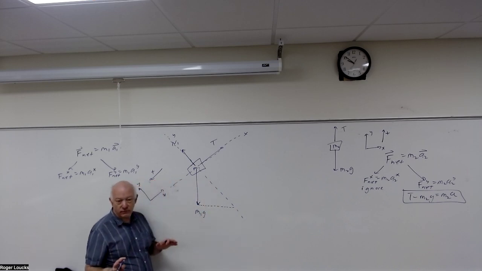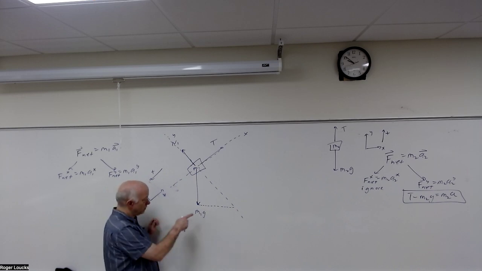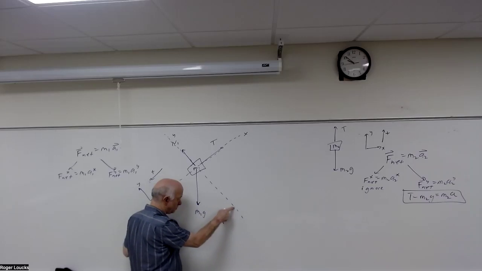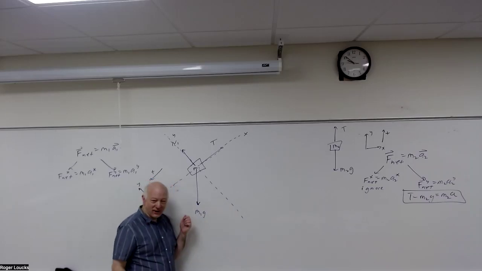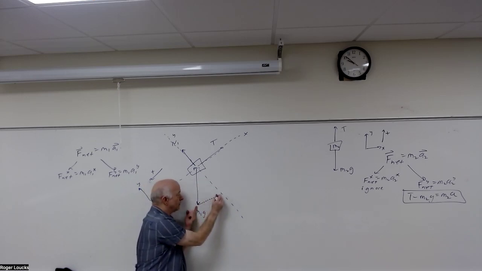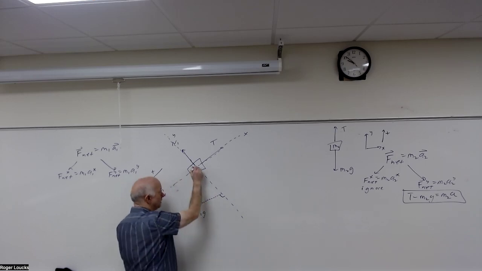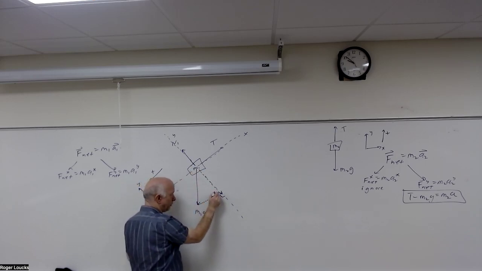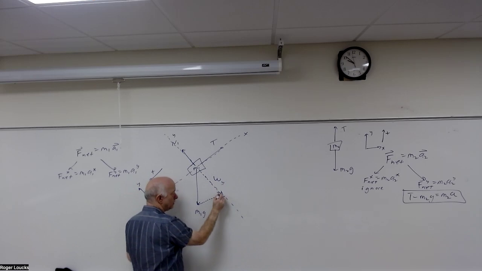Why is that fundamentally flawed? What do components always have to be? Mutually perpendicular to each other. So how do we do this? I go here and draw my perpendicular to this one here, like that. That's perpendicular. So then this one here, I'll put an arrow here. So this is my WY. And that one here, that's my WX.